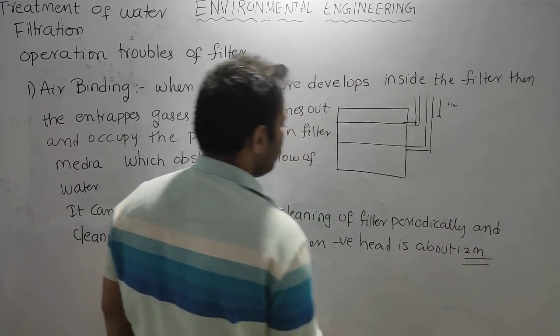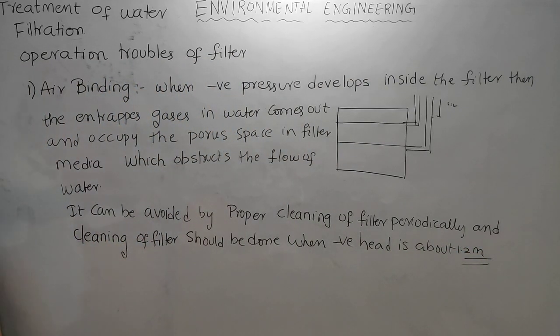So when the negative head is about 1.2 meter, then we must keep that filter for maintenance. Or else when the normal head is reaching 2.5 to 3.5 meter and the negative head is reaching 1.2 meter, we need to immediately stop the filter and keep it for maintenance.